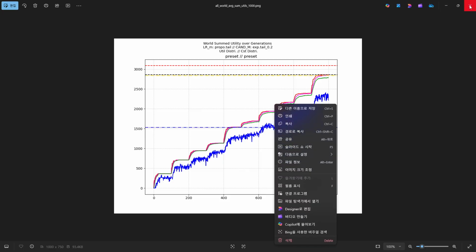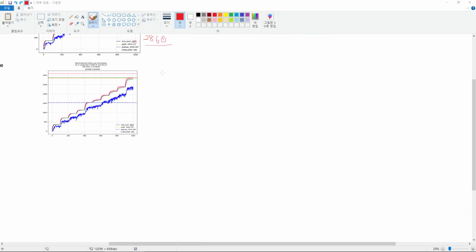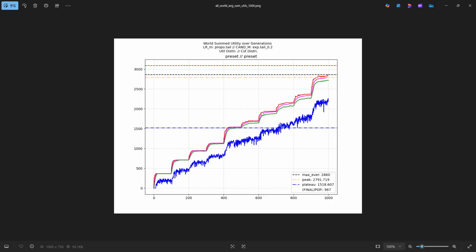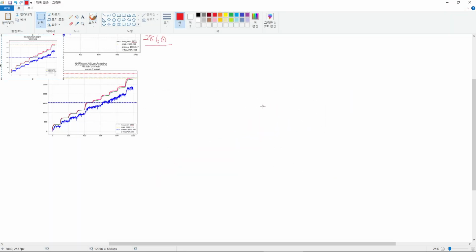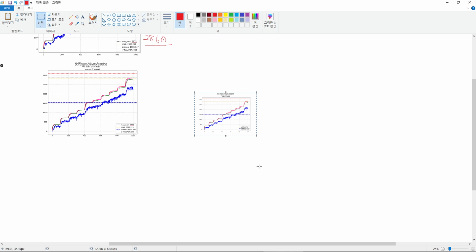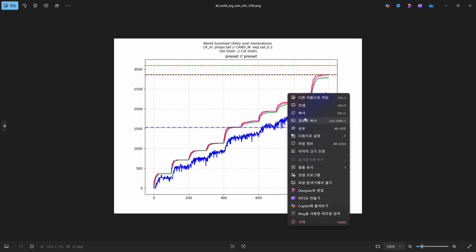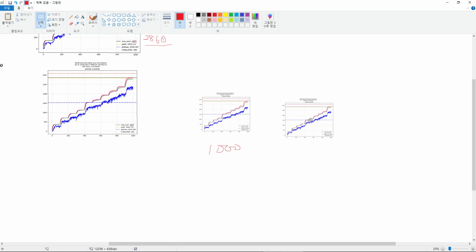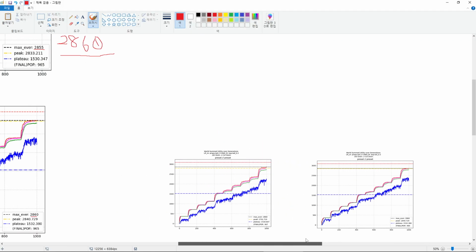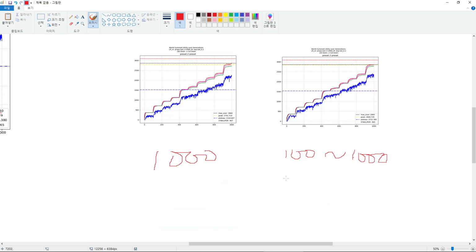This is 1000 per era, and this is 100 to 1000 as the era moves on as time passes.